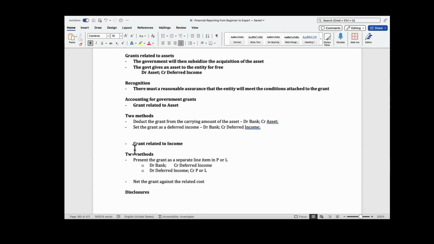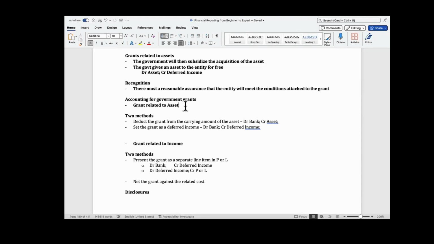The asset itself, if it's a grant related to assets, that's where you have two items because you have bought an asset, which will come in as investing, and you have gotten a grant to fund your operations, which can come in as operating activities, but it can also come in as financing. The standard really didn't specify that. But we are comfortable putting it as operating activities.